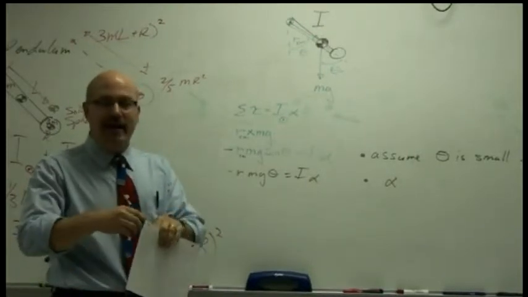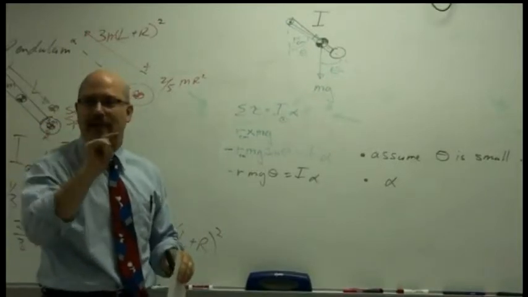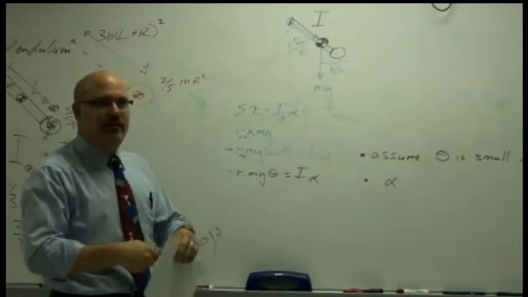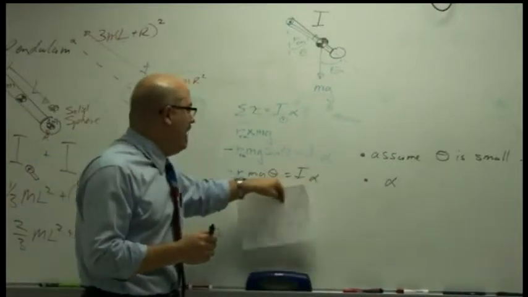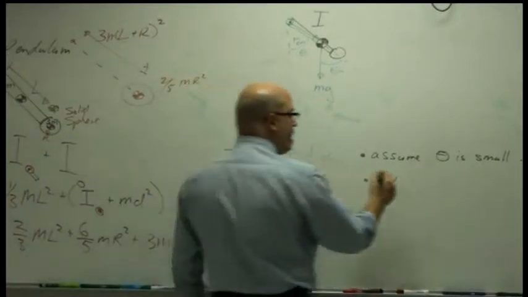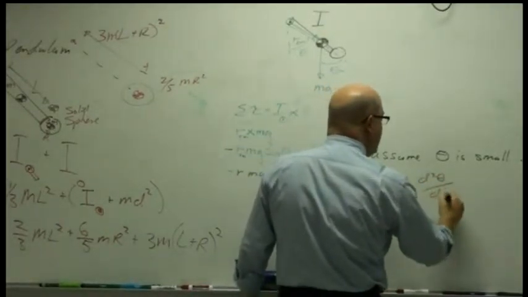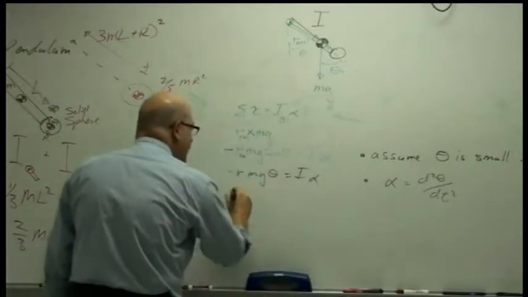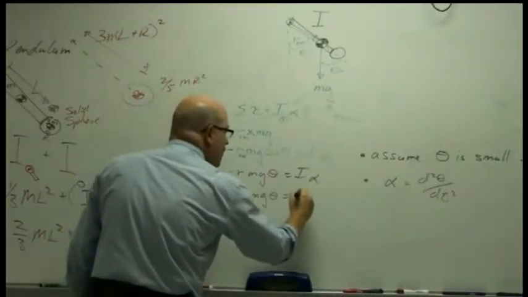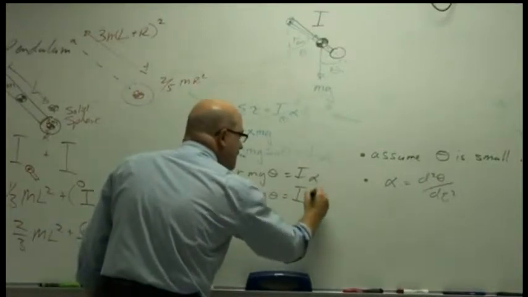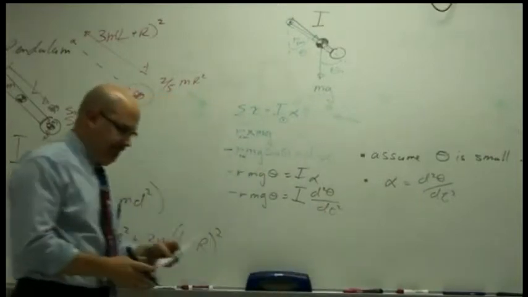We had a and v, acceleration and velocity, in the same equation, so we related them by making a equal to dv/dt. So how do I relate alpha and theta? It's d squared theta over dt squared. So I'm going to plug that in. That becomes negative rmg theta equals I d squared theta over dt squared.